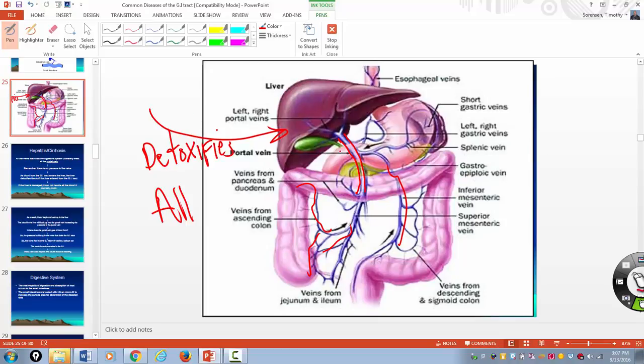A portal circulation is where two capillary beds meet without having to go through the heart. So the liver has a portal circulation which allows capillaries of venous blood and capillaries of arterial blood to meet without going through the heart.